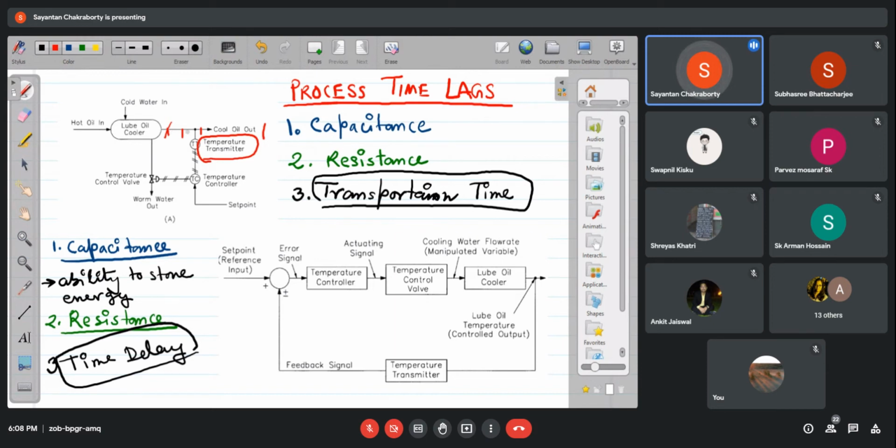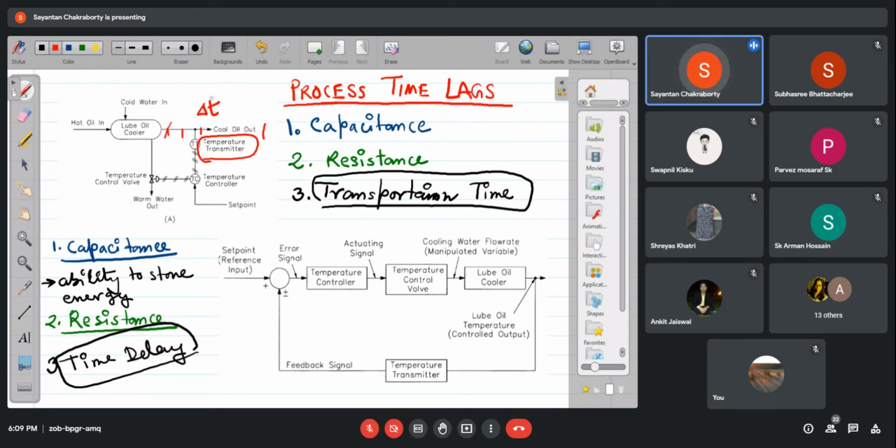But if you put it 10 meters away, it will take some time before it can be detected, right? Obviously, there's a continuous flow, and the change has happened, but it can only be detected after it has traversed this 10-meter path. So there will be a particular dead time or delay time, say delta t, after which you can detect it. The control action has done its job, but still, after this delta t, your set point will be reached via this temperature transmitter because it is located far away. If you locate it close enough, then this delay will be reduced.